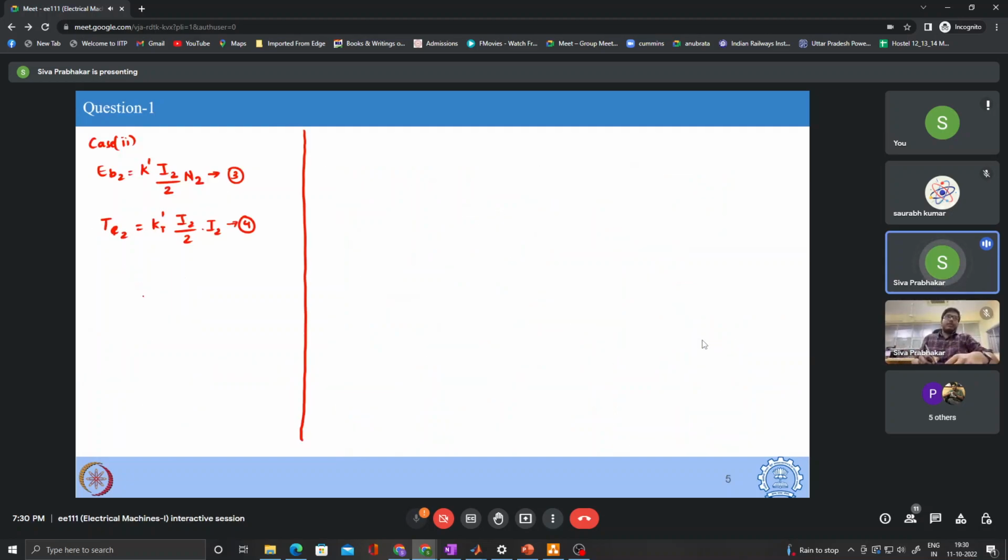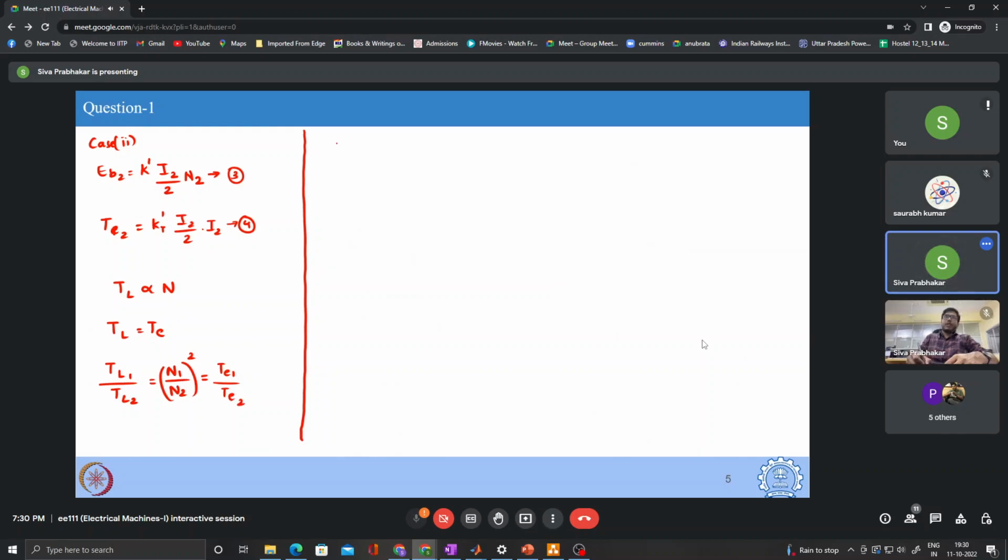So it is also given that the load torque is proportional to N squared. So at steady state we have TL equal to TE. So we can write TL1 by TL2, that is the load torque in two different conditions, is nothing but N1 by N2 the whole square, equal to that is nothing but TE1 by TE2.